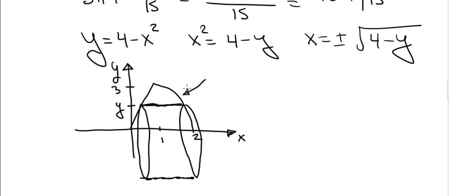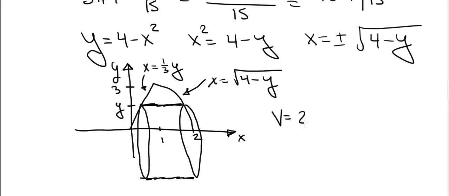This part right here is x equals the square root of 4 minus y. This is the line. When we solve it for x, it's 1/3 y. So we have to find the volume of this solid of revolution by using the shell method. Remember how that works. The volume will be 2 pi, taking y's between 0 and 3.